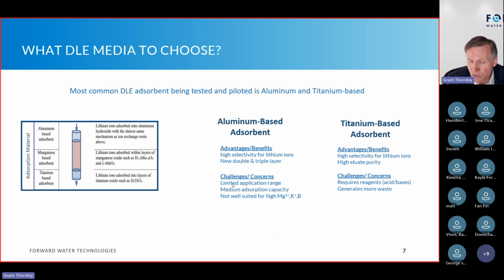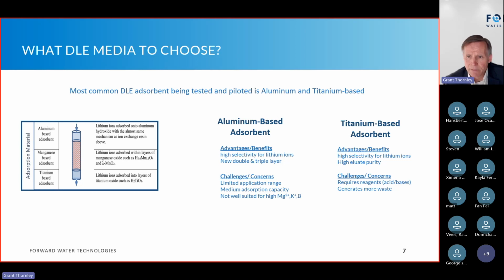The challenges or concerns are a more limited range within pH and temperature. It has medium absorption capacity in comparison to, let's say, a titanium base, and it's not typically well suited for magnesium, potassium, or brines with high concentrations of boron.